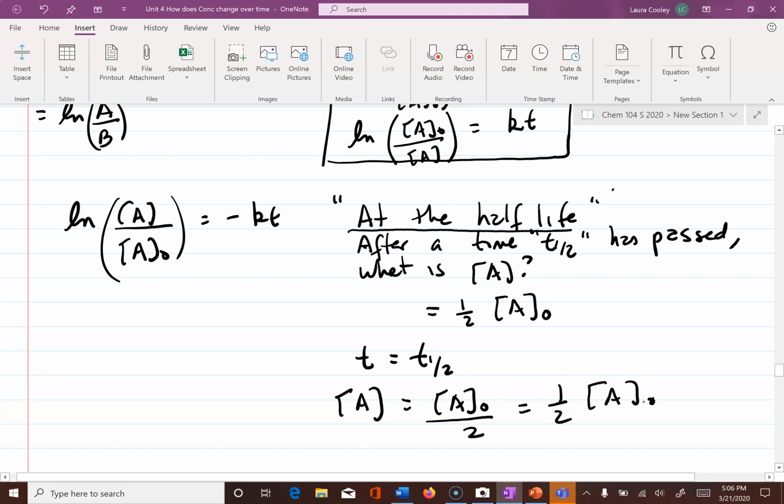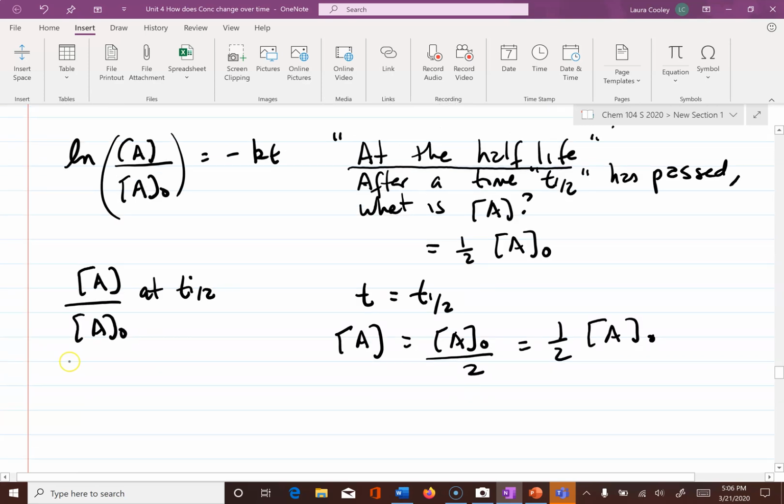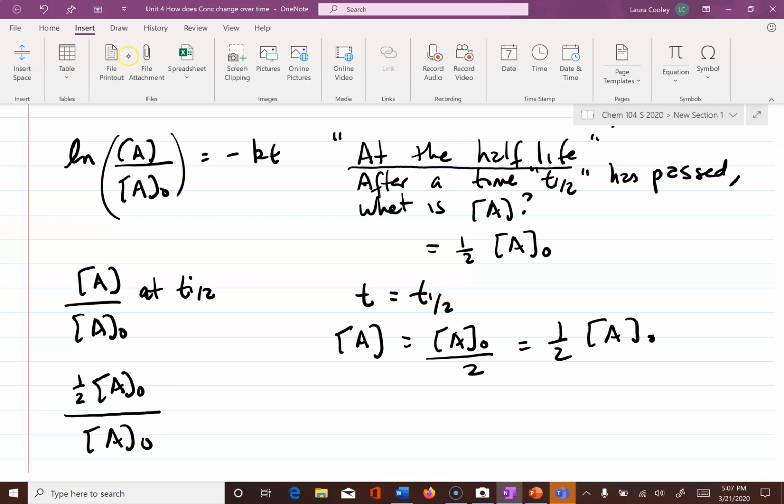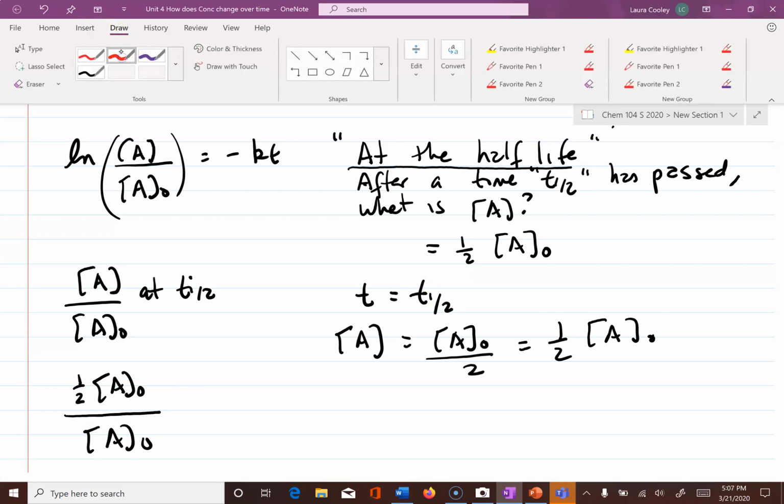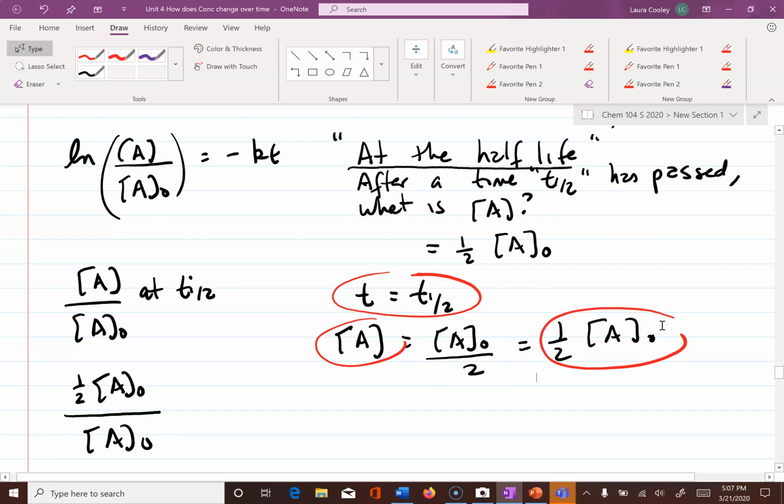So that means that A over A0 at the half-life would be 1/2 A0 over A0, because when t is equal to T1/2, A is equal to 1/2 A0. So at T1/2, this ratio becomes 1/2 A0 over A0.